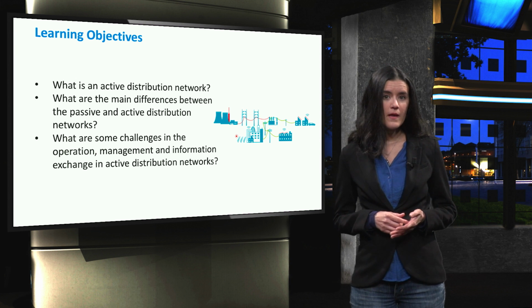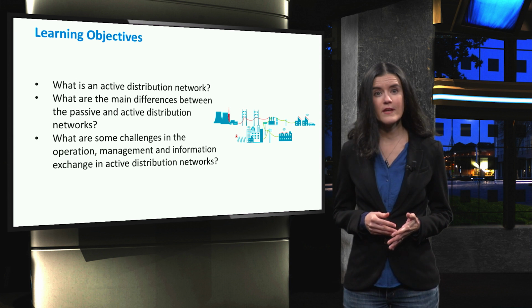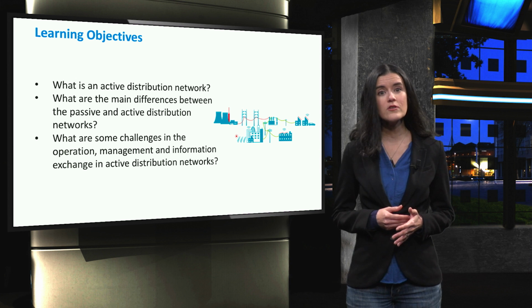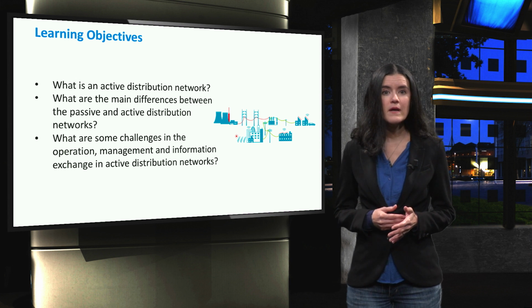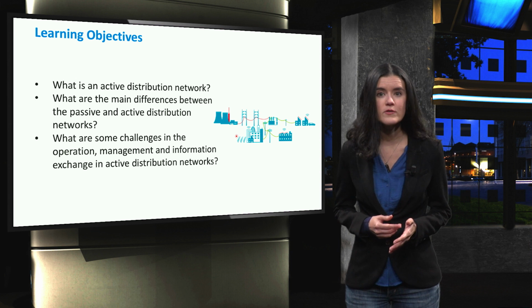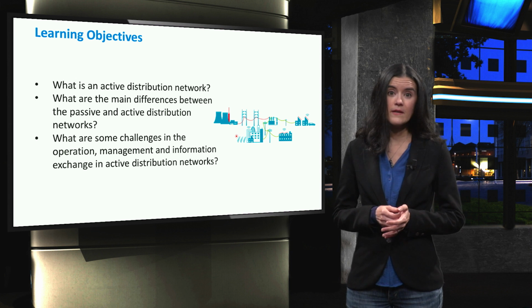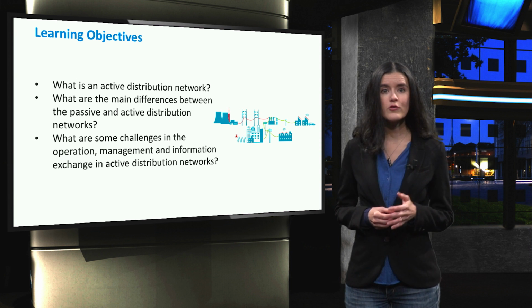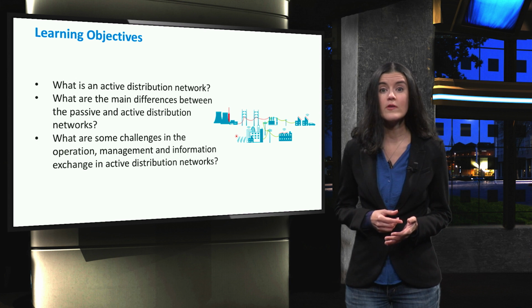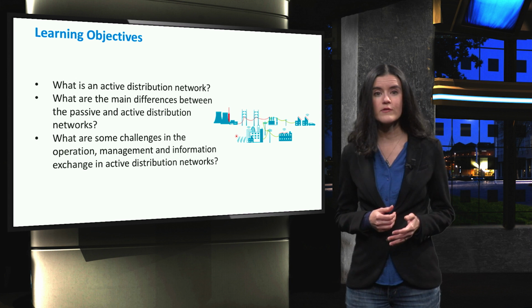In the near future, distribution networks are expected to take a more active role in the operation, control, and monitoring of electrical networks. In this way, they will become the so-called active distribution networks. According to the definition given by CIGRE, an active distribution network is an efficient platform to control a combination of distributed energy resources, including distributed generators, loads, and storage.